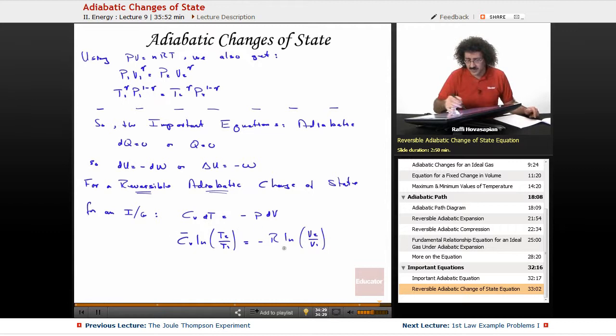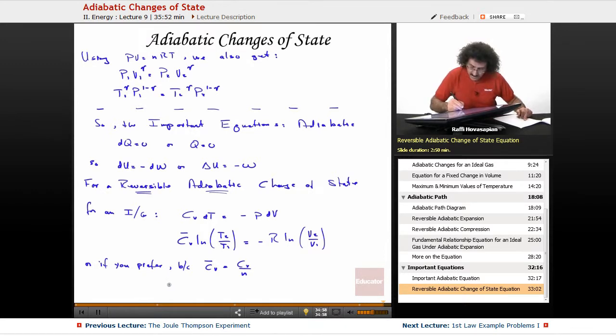Personally, I like to stick with this equation. This is just stuff that you're going to see in books. I wouldn't worry about it too much. This is the important equation right here. Or, if you prefer, because this molar thing is just equal to the heat capacity divided by n, you can go ahead and put this into here and get this particular version of the equation.